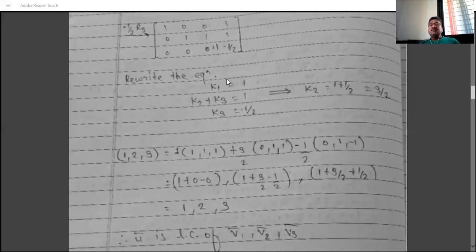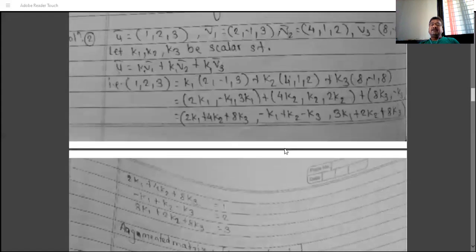We have K1 as 1, K2 as 3 by 2, and K3 as -1/2. These values are the same for all of you, but the echelon form may have a different form. The answers of K1, K2, K3 are unique.